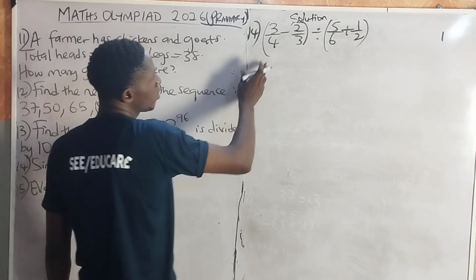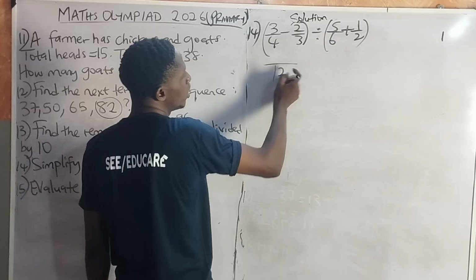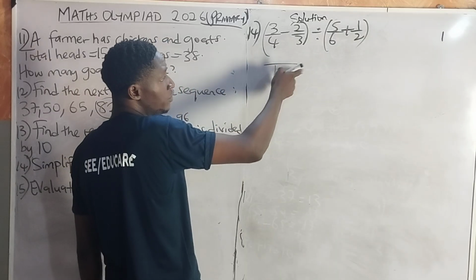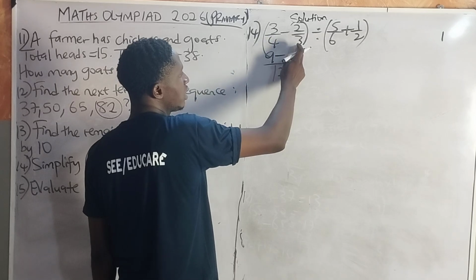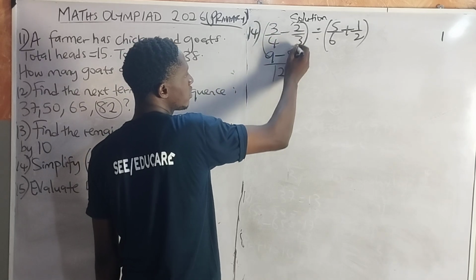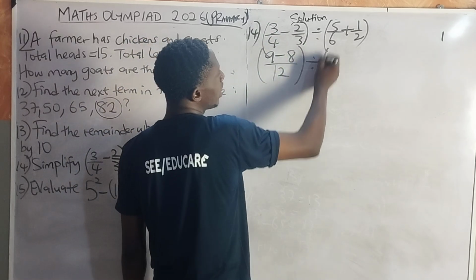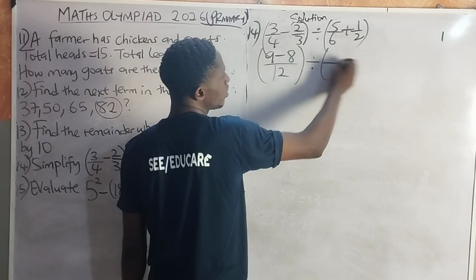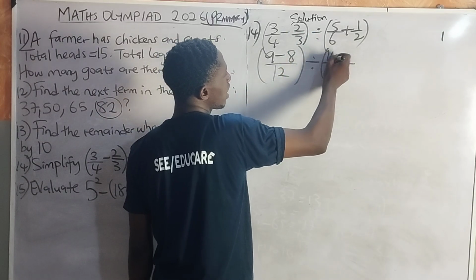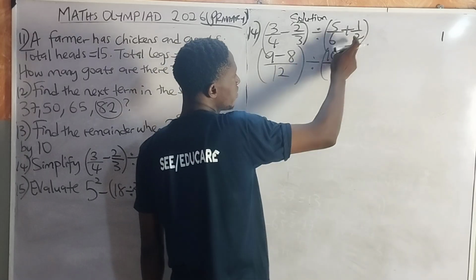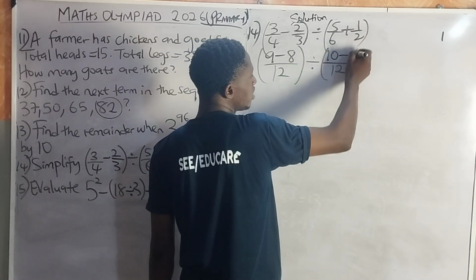What is the LCM of 4 and 3? 12. 12 divided by 4 will give you 3. 3 times 3, 9. Minus 12 divided by 3 is 4. 4 times 2, 8. Divided by the LCM of 6 and 2, which is 12. 12 divided by 6 is 2. 2 times 5 is 10. Minus 12 divided by 2 is 6. 6 times 1 is 6.